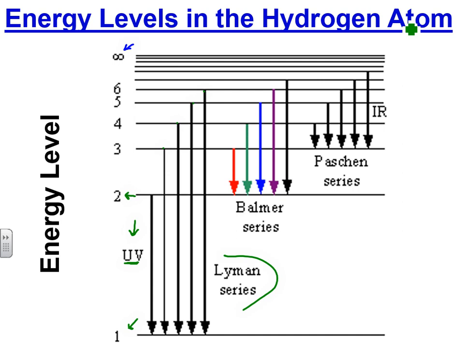This is the important one, because this is the one that we can actually see, or 4 of these we can see. Anytime an electron transitions between 3 and 2, 4 and 2, 5 and 2, or 6 and 2, each of these is visible to us. The difference in energy level corresponds to the visible spectrum, if you calculate its wavelength.